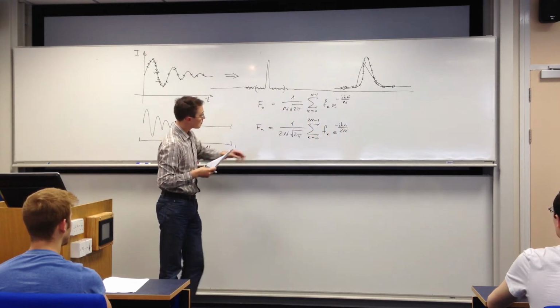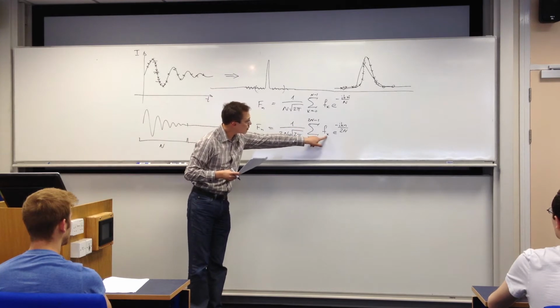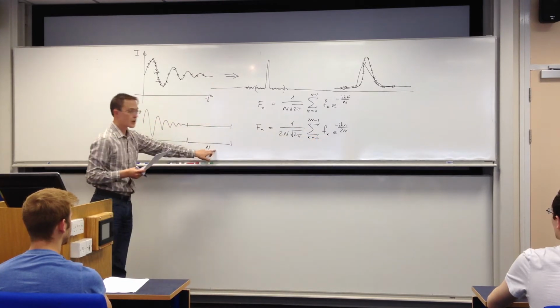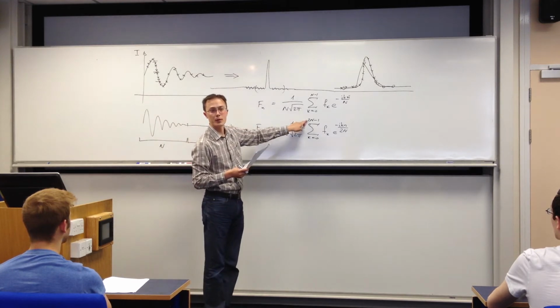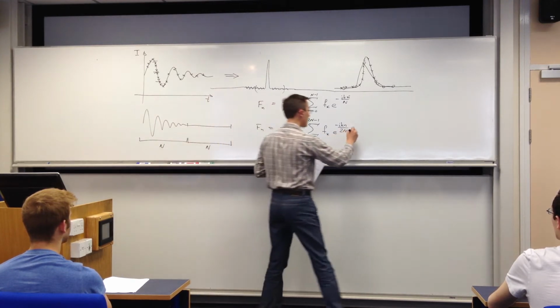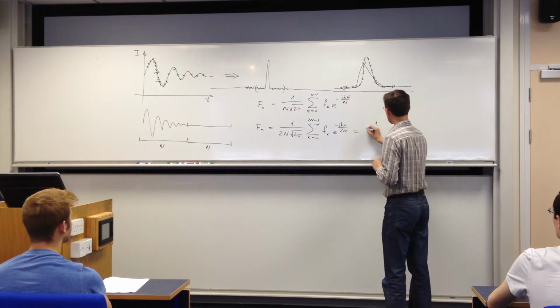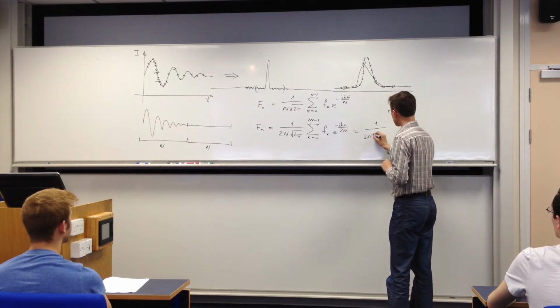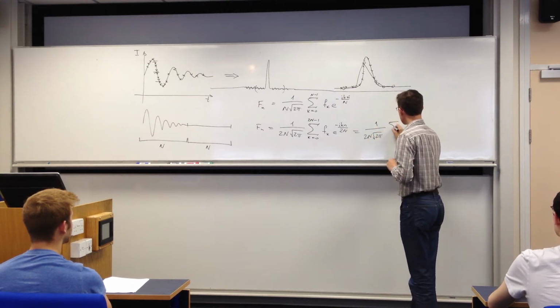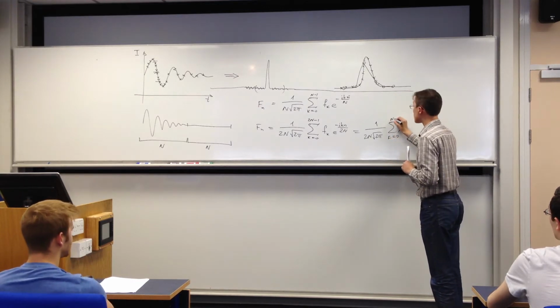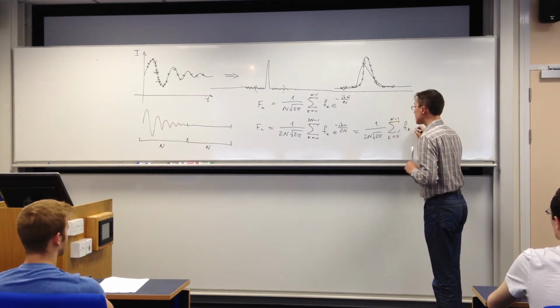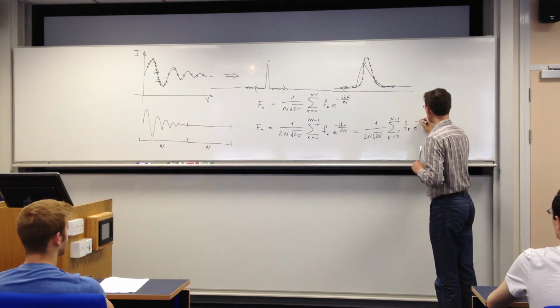But then f_k's beyond N are zeros anyway, so the extra terms in this sum don't matter, so we can just drop them because they're zeros. What we get is 1 over 2N root 2 pi, the original Fourier sum, k from 0 to N minus 1, f_k e^(-ikn/2N).